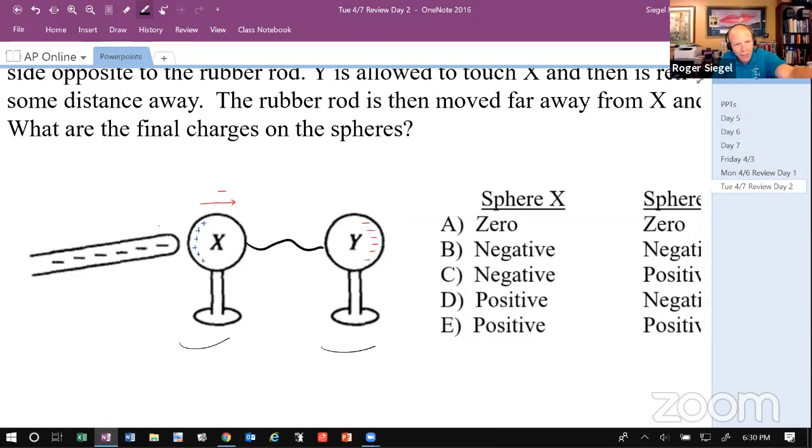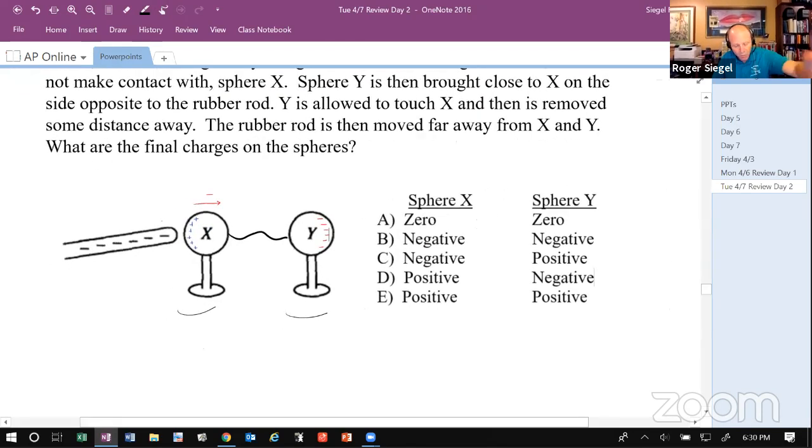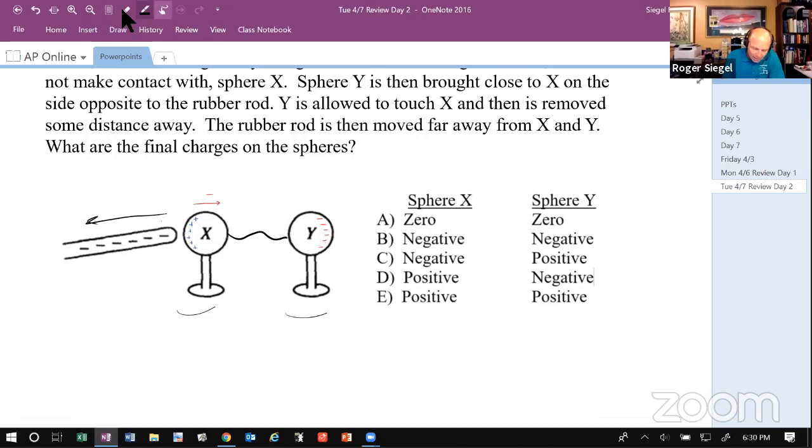All right, and then what happens next is the rubber rod is moved far away. So we're going to remove the rod, and we'll stop the spheres from touching. We'll break that so they're not touching anymore. And now the question is, what is the charge on each sphere?